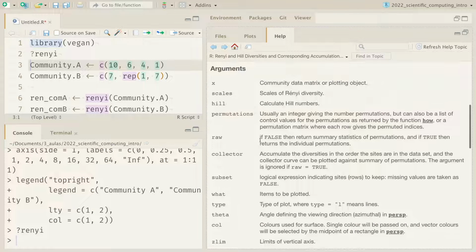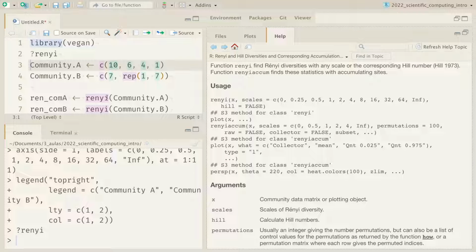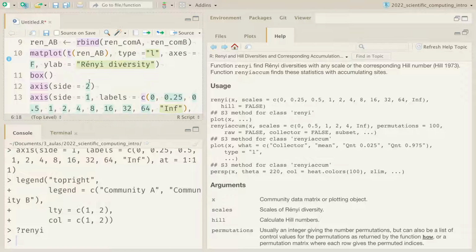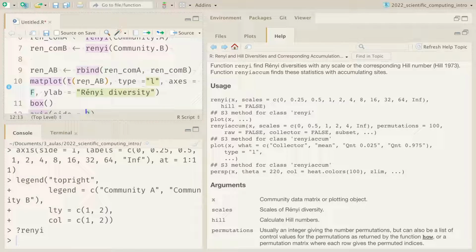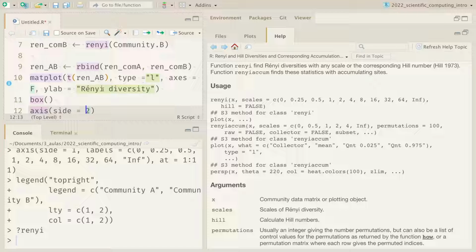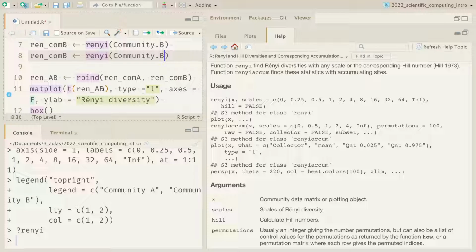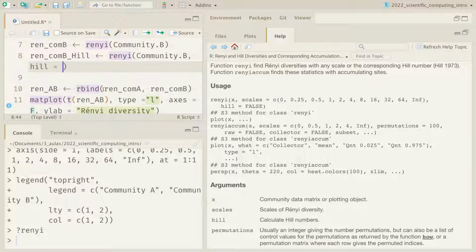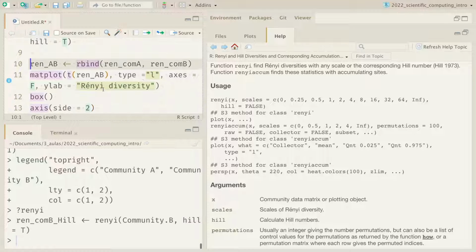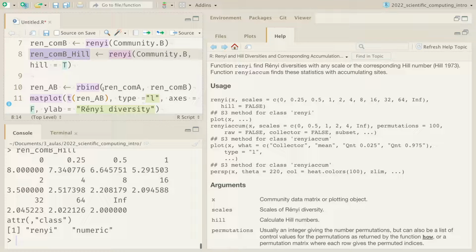If we made this with Hill equal true, let me see. Here, I will just duplicate this and create Hill. Look what it does when I create it for Hill numbers.